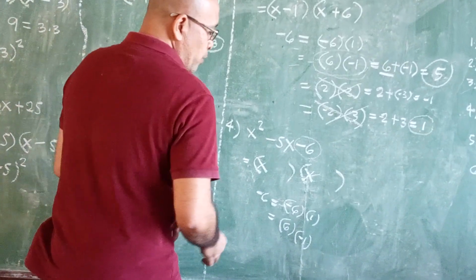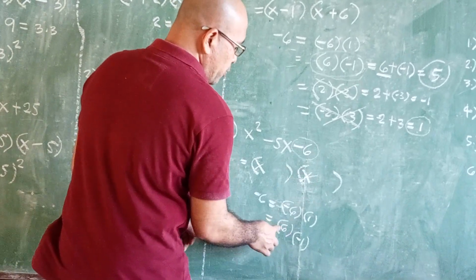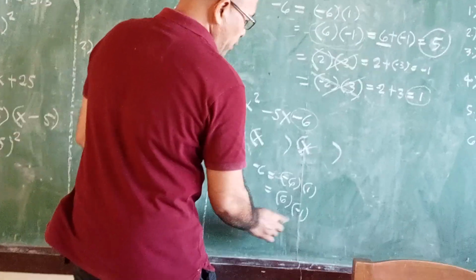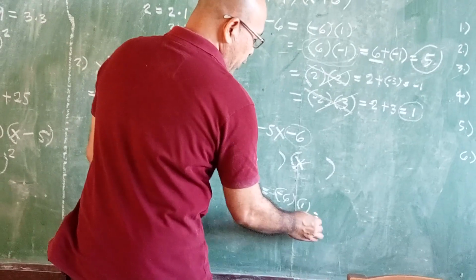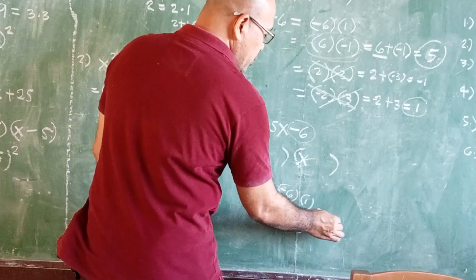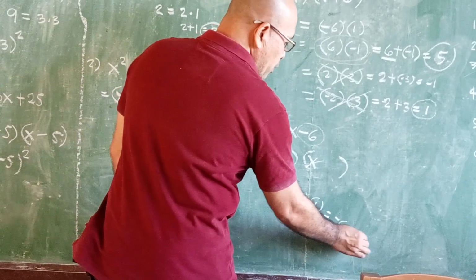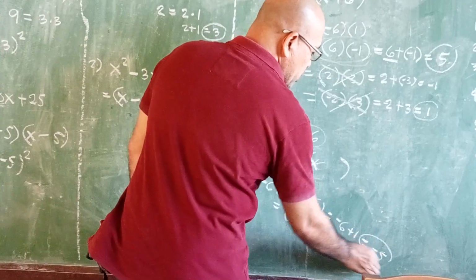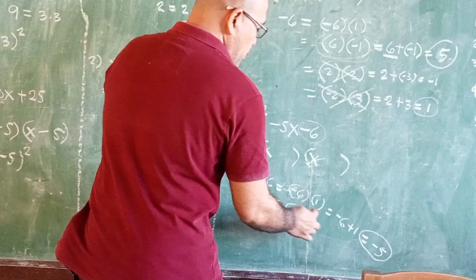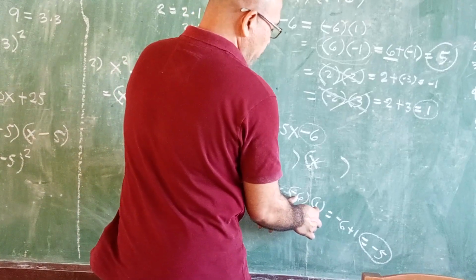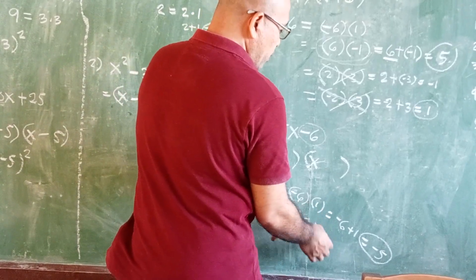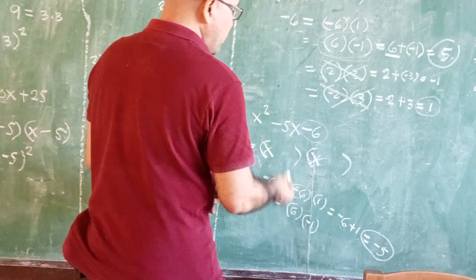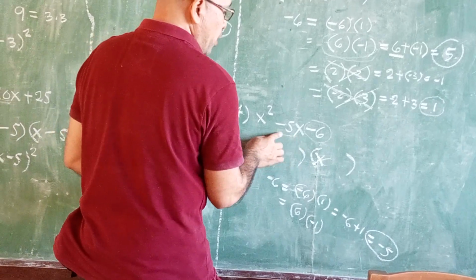So this time, to save time, you only consider this negative 6 and 1 or positive 6 and negative 1. So when you add negative 6 and positive 1, that is negative 6 plus 1, the result will be negative 5. As you can see, the result gives you negative 5, which is exactly the coefficient of the middle term here.